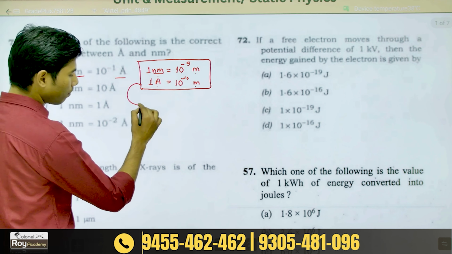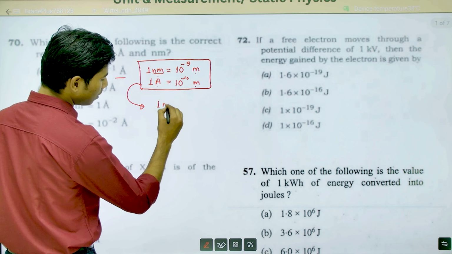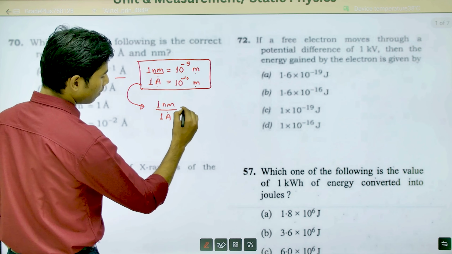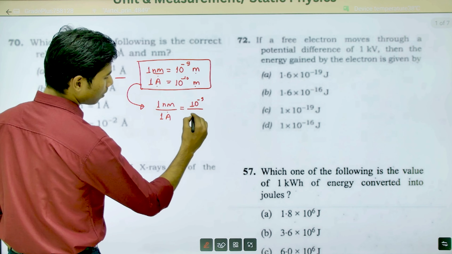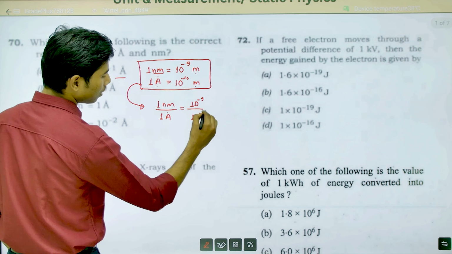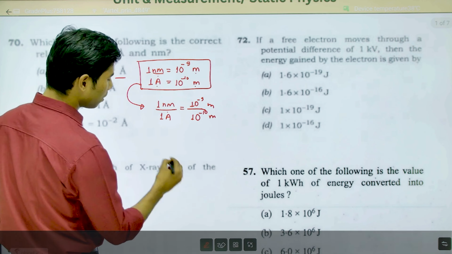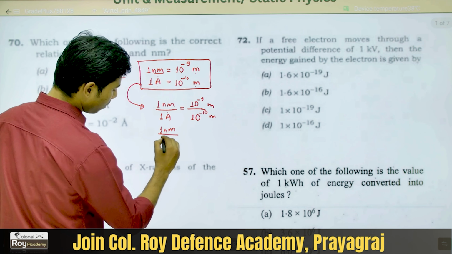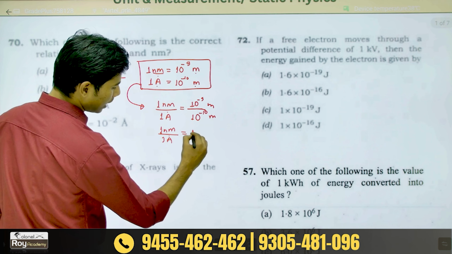But the question asks for nanometer to angstrom. So we can divide the two: 1 nanometer upon 1 angstrom is equal to 10 to power minus 9 upon 10 to power minus 10. Meter upon meter cancels out, so 1 nanometer upon 1 angstrom is equal to 10.